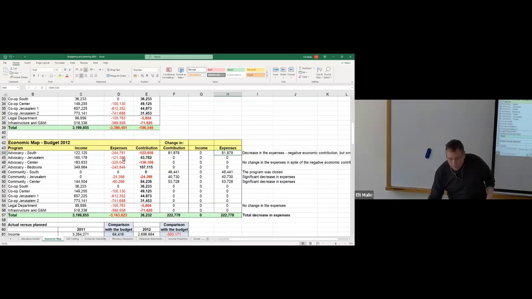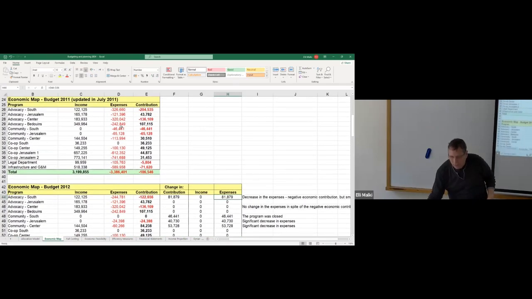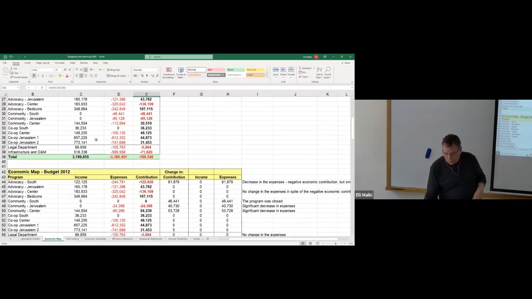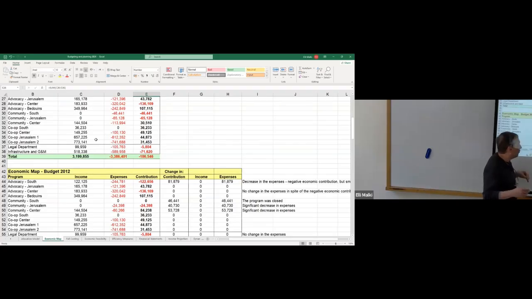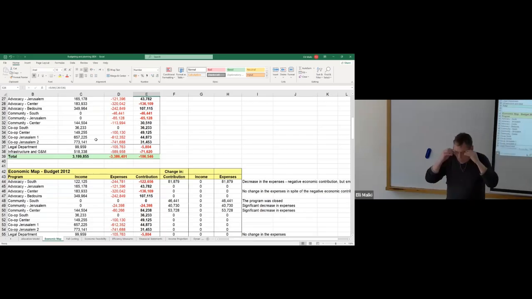For example, the advocacy in the South has a very large negative economic contribution, but they didn't close it. They could have closed it and maybe saved the organization 244, but they didn't. They decreased the expenses, but they didn't close it.